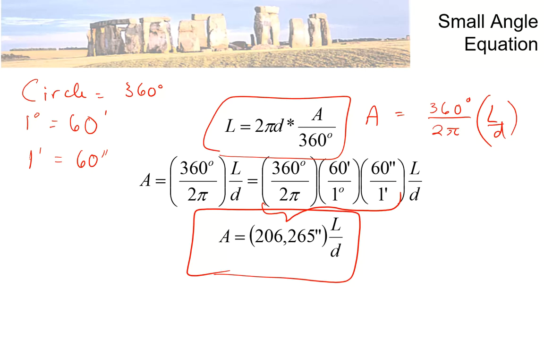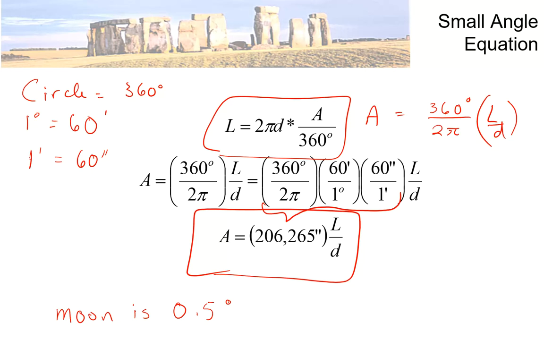So let's think about a calculation we could do. The moon. 0.5 degrees is the angle it makes.